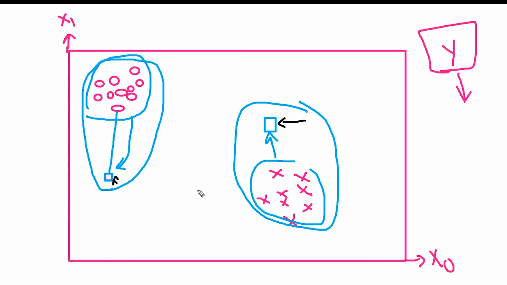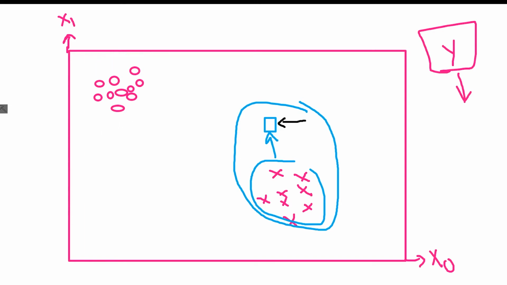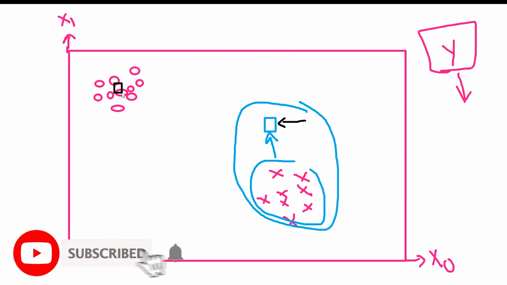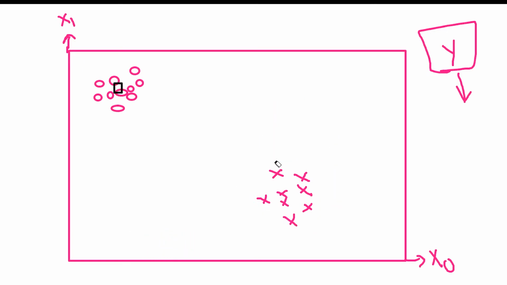Now we are going to change the position of this box. And what is going to be the new position? The new position is going to be the mean of all of these positions. So let's suppose our new position will be something like this, and similarly for the other, our new position will be something like this.